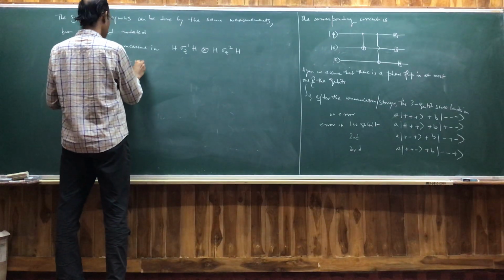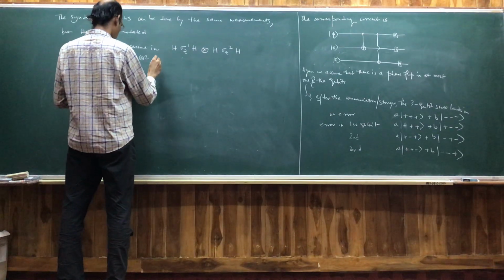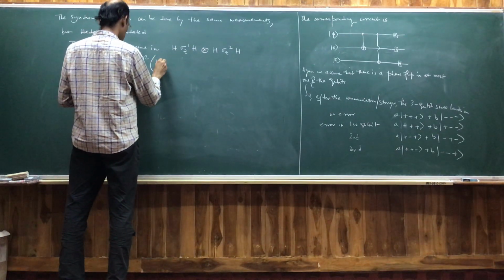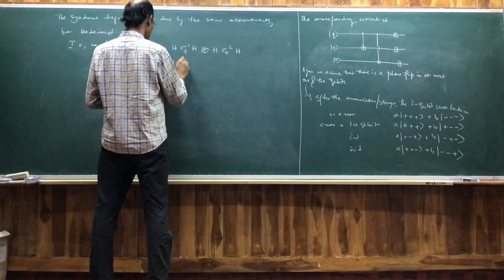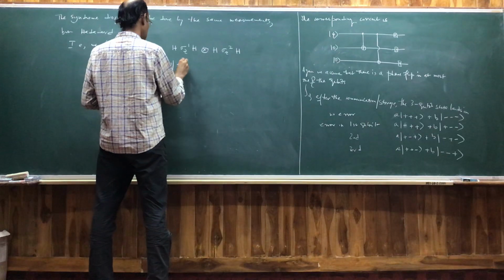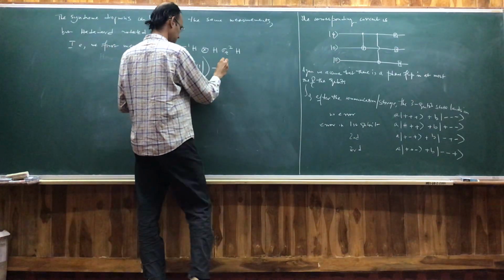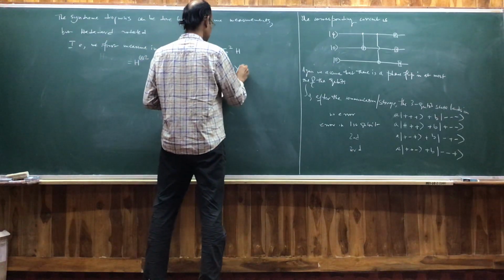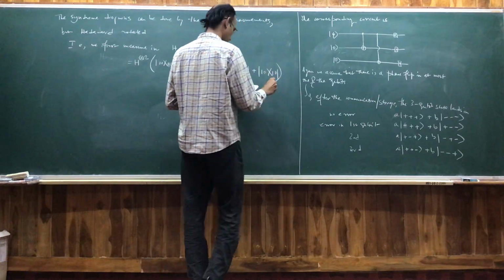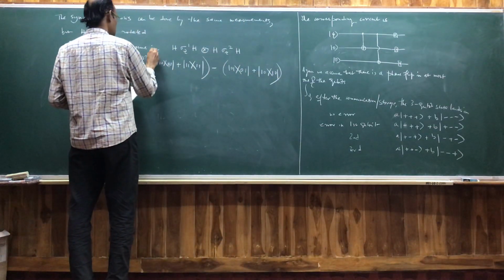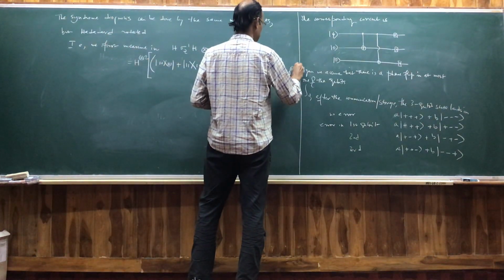Which is just H2 on what we already had, which was 0, 0, 1, 1, sorry, 0, 0 plus 1, 1, 1, 1, minus, and this entire thing azimuth rotated.